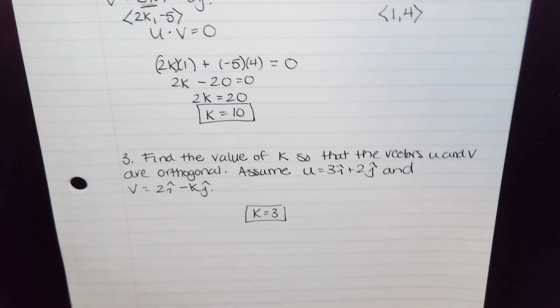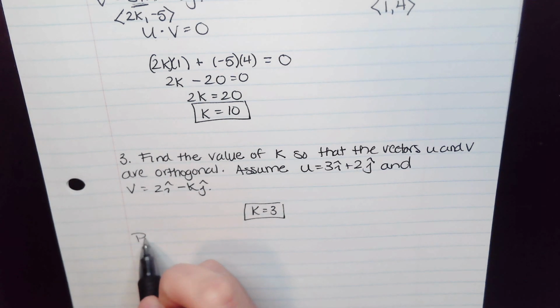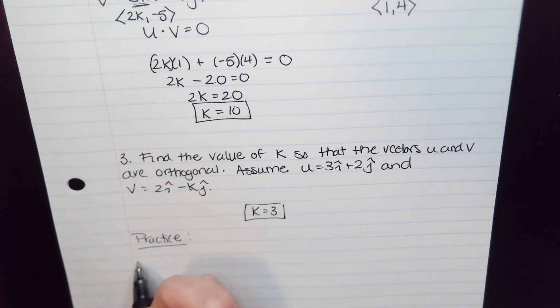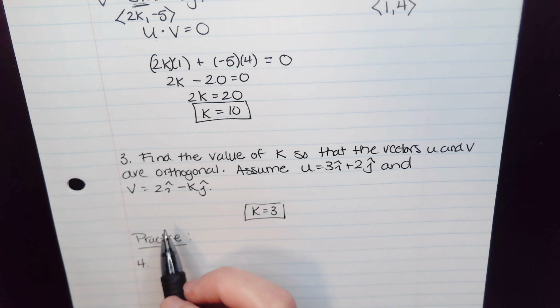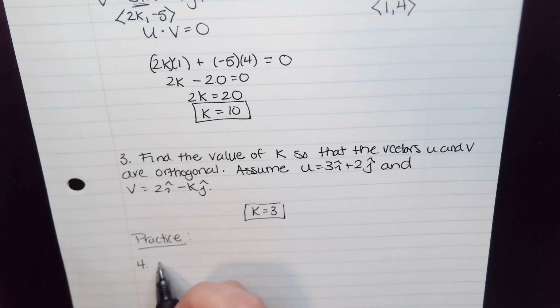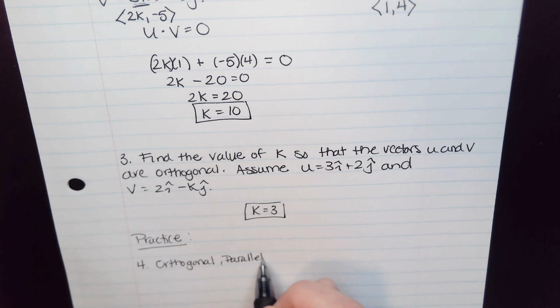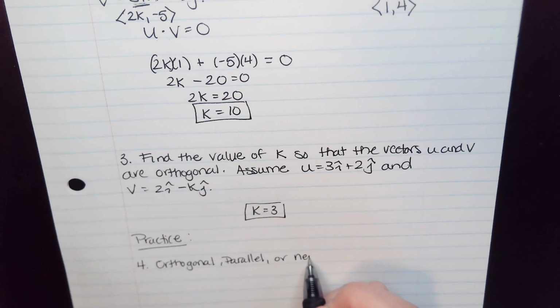All right, and now I'm going to give you just a couple practice problems to do. So number 4, I want you to determine whether these vectors are orthogonal, parallel, or neither.